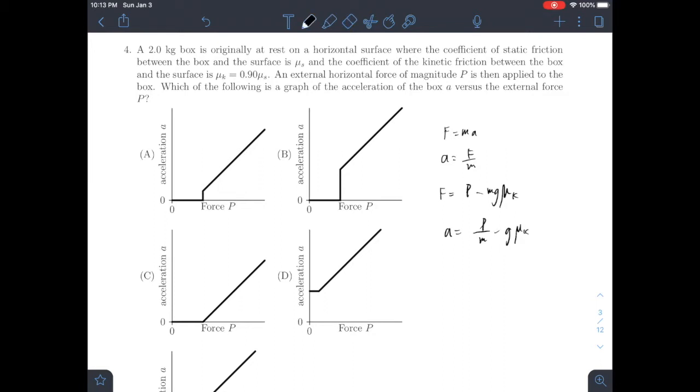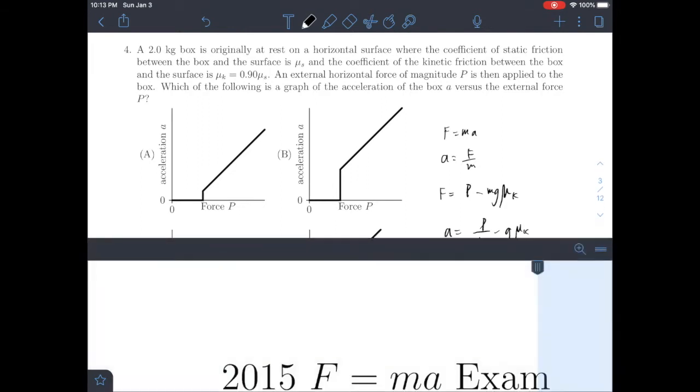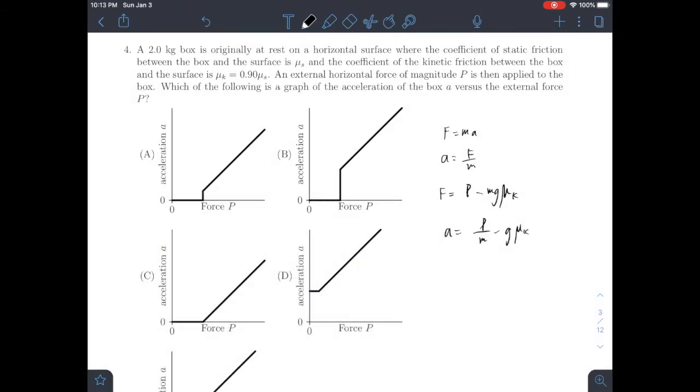From this equation, we can clearly see that this is a linear equation that intersects the y-axis on the negative side. If we replace a with y, then this is in the form y equal to ax plus b, where b is equal to negative g mu k, and a is equal to 1 over m. So we want to find a line with a positive slope that has a negative intercept.